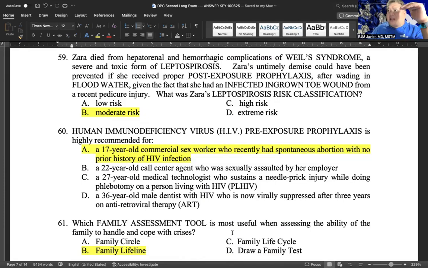Normally, if it's just a single exposure in flood water and there are no soft tissue infections or open wounds for the body parts that have been immersed in flood water, then we call it low risk. But once there is an open wound, and that could be a potential portal of entry for your Leptospira interrogans or these spirochetes, it now becomes moderate risk.